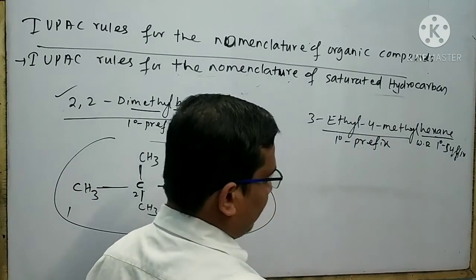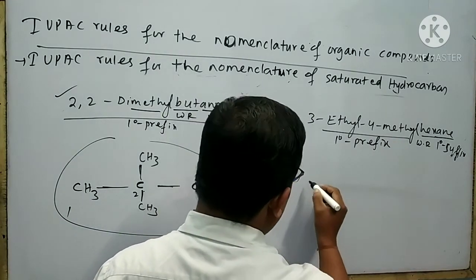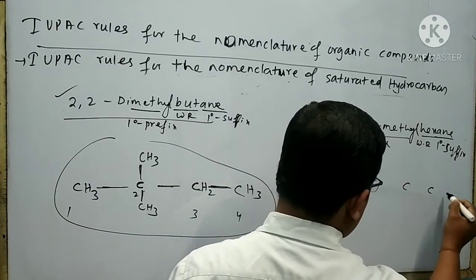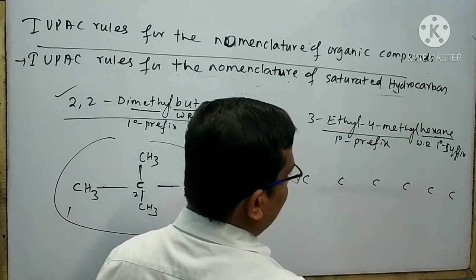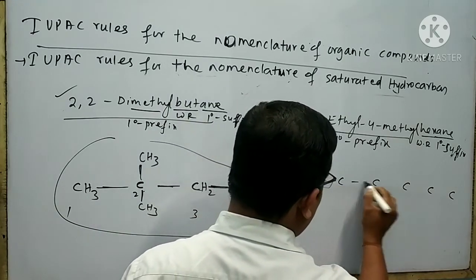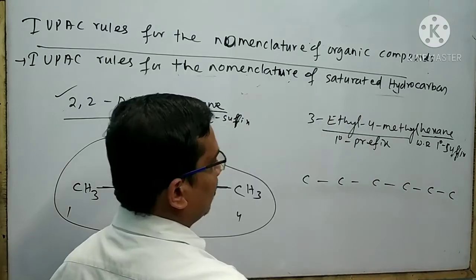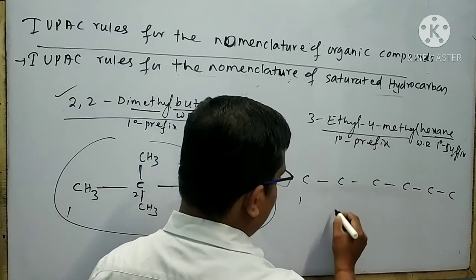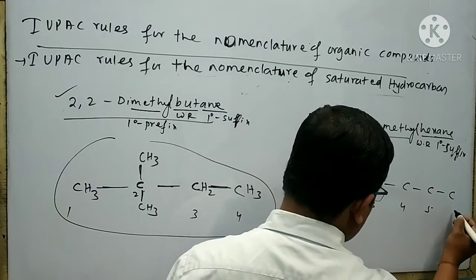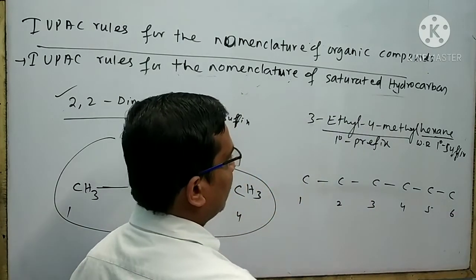From the word root, it is bound to write there are 6 carbon atoms present like this. Here 1 degree suffix is N, so it is bound to give single bond like this. Suppose this is your 1 number carbon, this is your 2, this is your 3, this is your 4, this is your 5, this is your 6 number carbon atom.